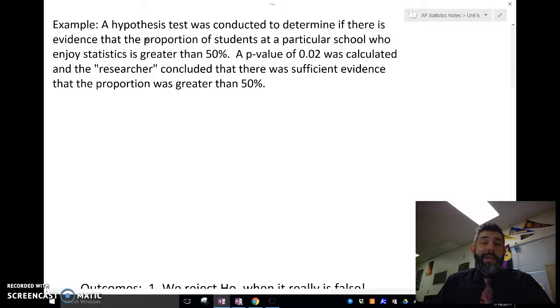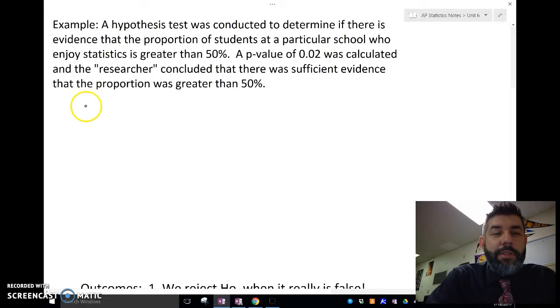So I do my study. I collect a random sample of students and I get a p-value of 0.02. And now as a researcher, 0.02 is a small enough p-value that I can say there is sufficient evidence that the proportion of students who enjoy statistics is greater than 50%, like me.